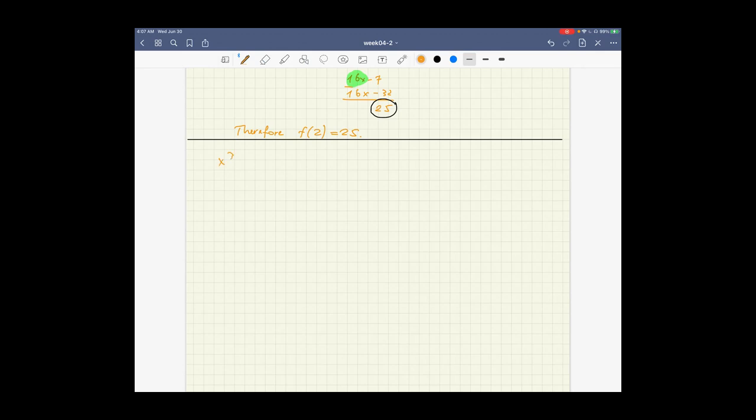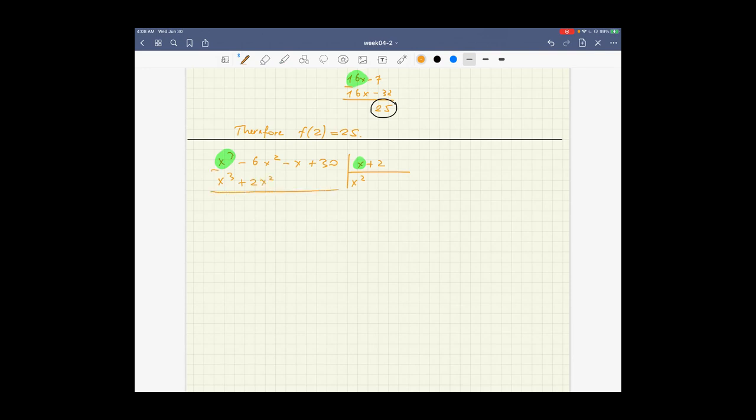X cubed minus 6x squared minus x plus 30 is divided with remainder by x plus 2. The leading terms are x cubed and x. Their quotient is x squared. Multiplying back, we get x cubed plus 2x squared.